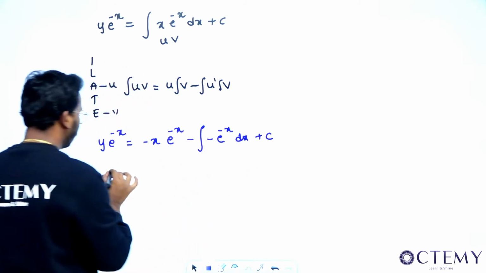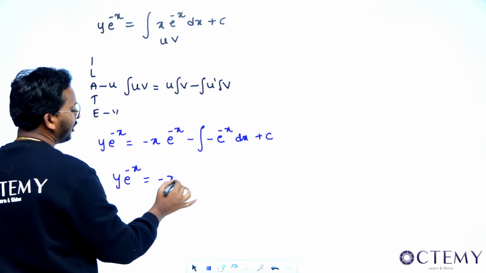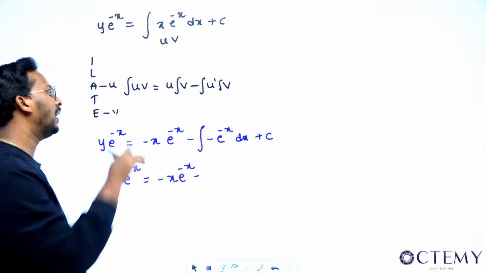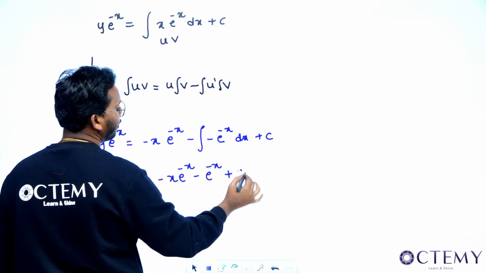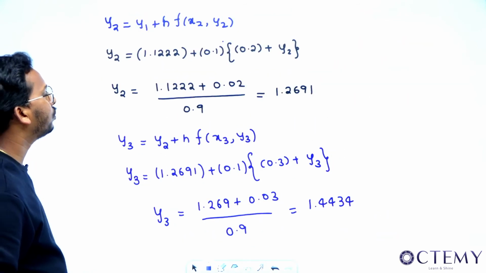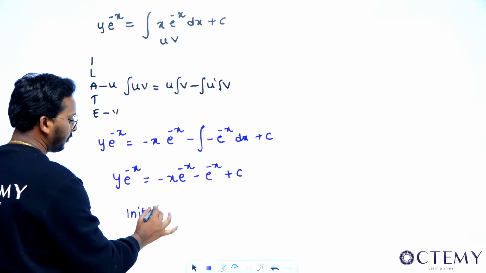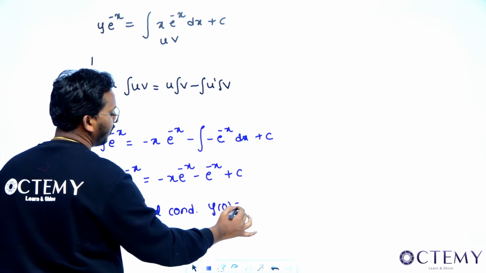So this will become y into e power minus x is equal to minus x into e power minus x. This will become plus, but again a minus will come, so minus e power minus x plus c. Now let us put the initial condition, sir. What is the initial condition given? y of 0 is equal to 1.